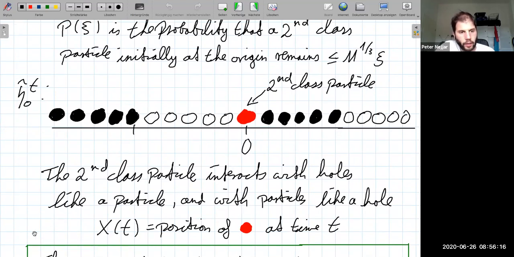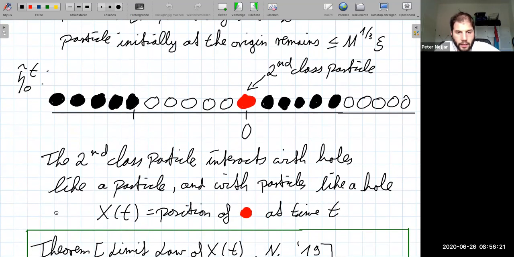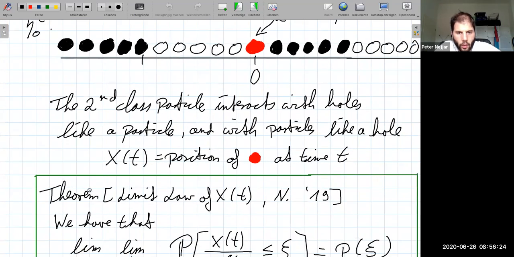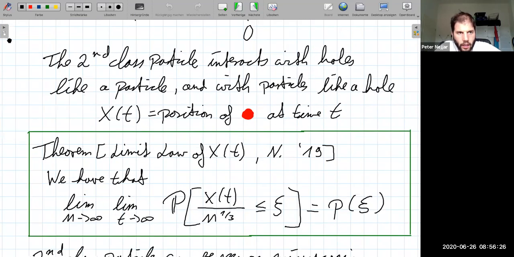And now we can prove a central limit theorem for this second-class particle. So what we have is that if I look at the second-class particle, its position x of t, I rescale this position by m to the power 1/3, and I look at the probability that this remains to the left of some real number xi, then in this double limit, this gives me exactly p of xi above.